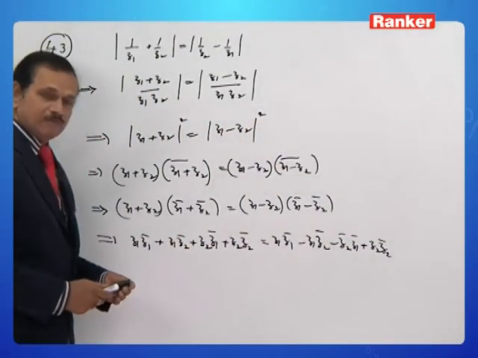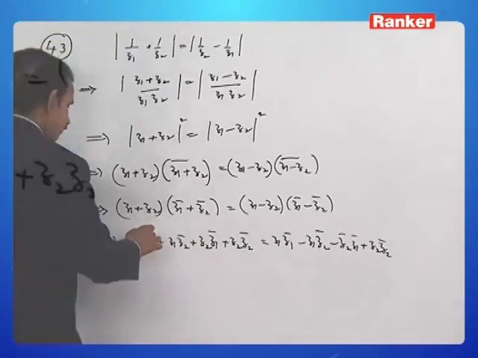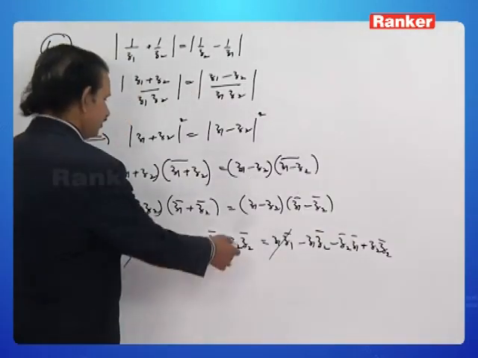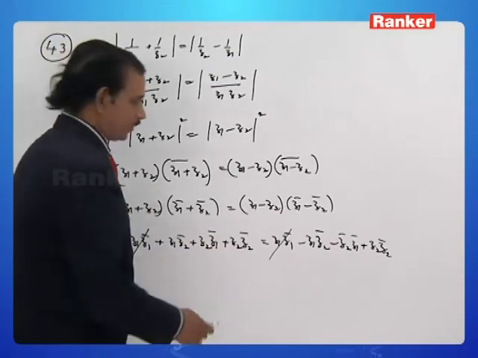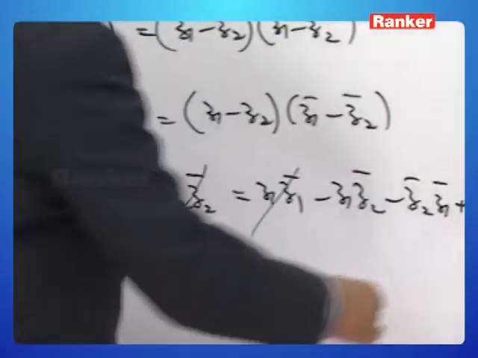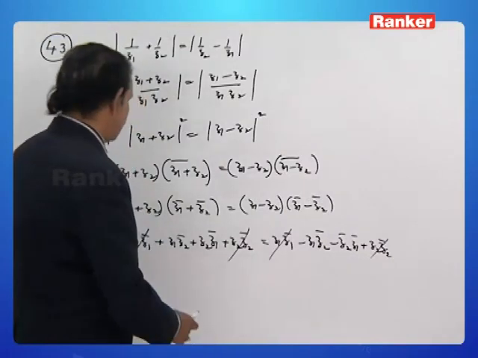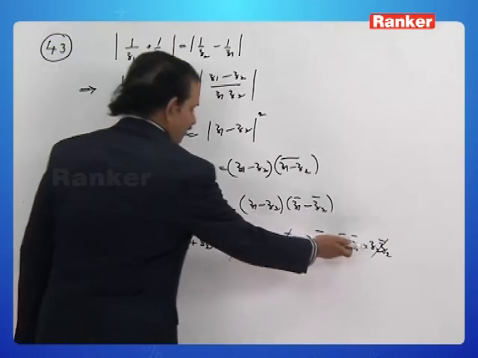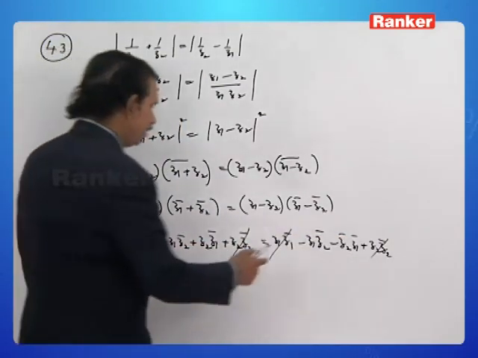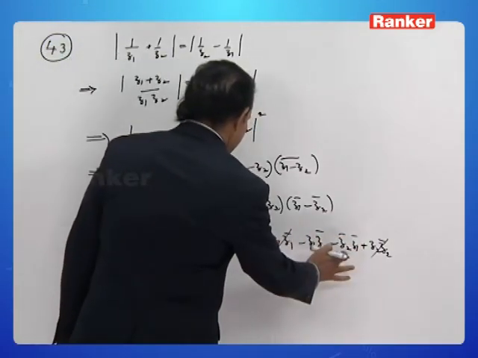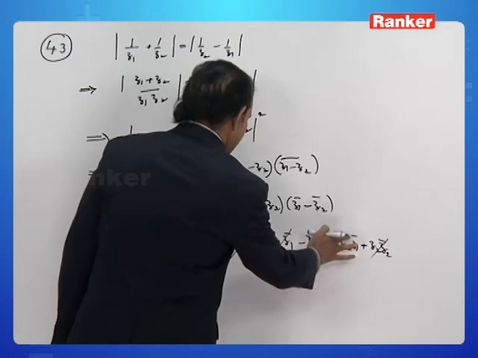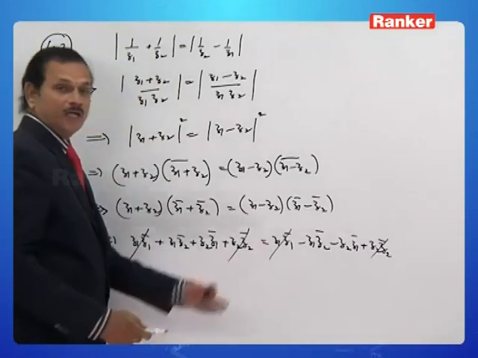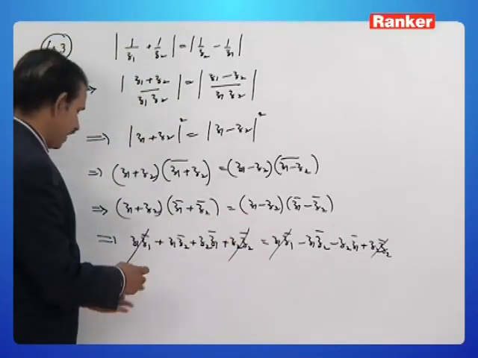What is Z1 Z1 bar? Mod Z1 square. Mod Z1 square, mod Z1 square, you can cancel. What is Z2 Z2 bar? Mod Z2 square. Mod Z2 square, mod Z2 square, you can cancel. You see, minus Z1 Z2 bar comes this side. Minus Z2 Z1 bar comes this side. If both of them come here, what is going to happen?